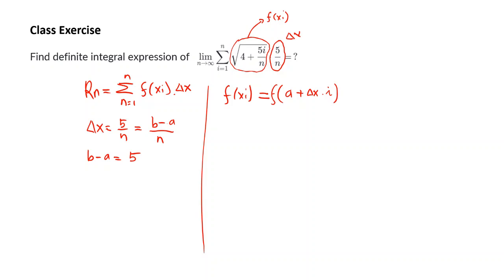So by looking at that form, I can safely make an assumption that most likely f of x will be equal to the square root of x.